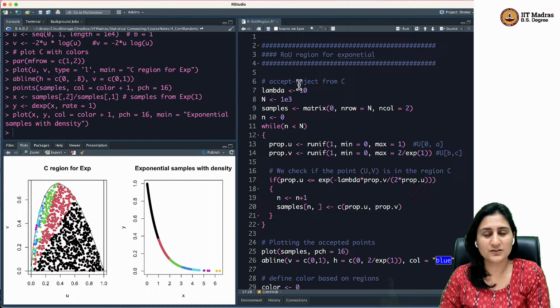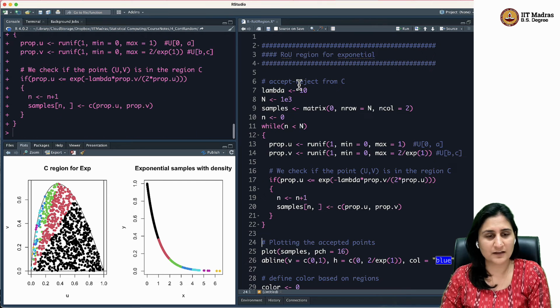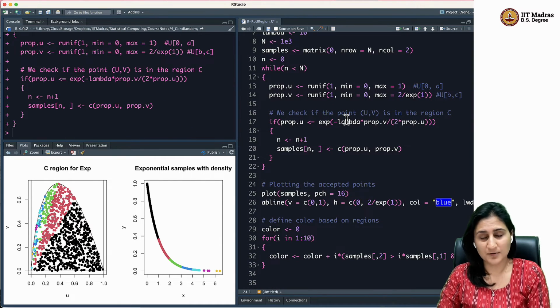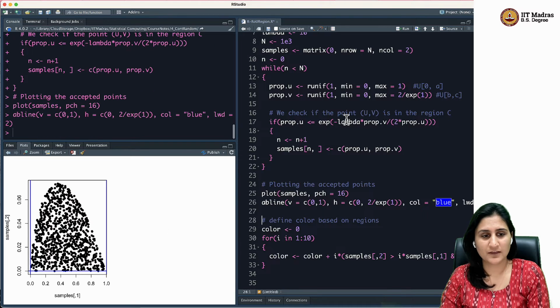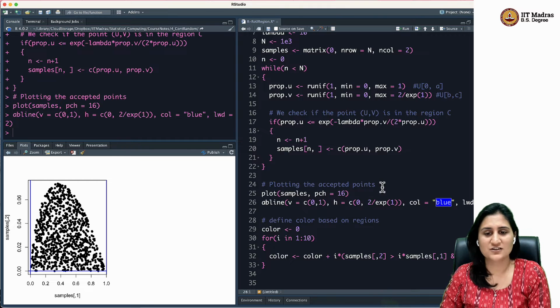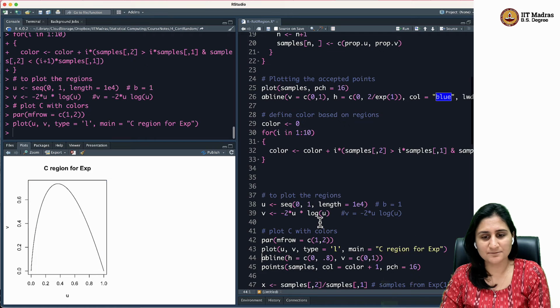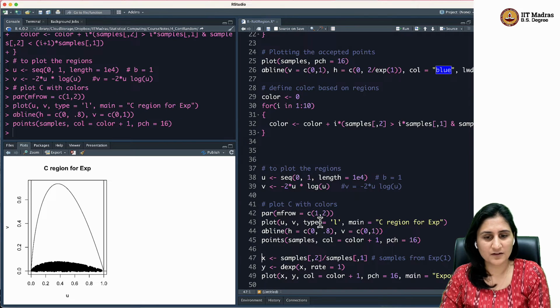So I'll get lambda over here, and this is going to start to look like my ratio of uniforms for a particular value of lambda. Okay, I can draw the region again. It looks a bit similar, but now the height has changed a little bit. So I draw the colors again, and look.